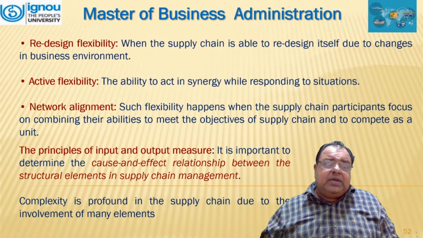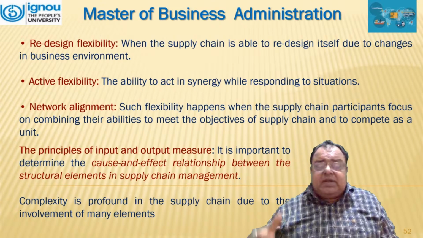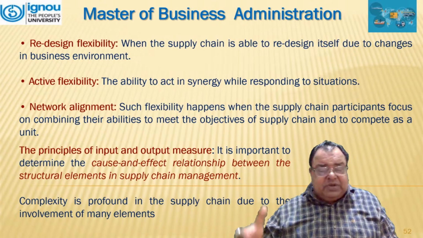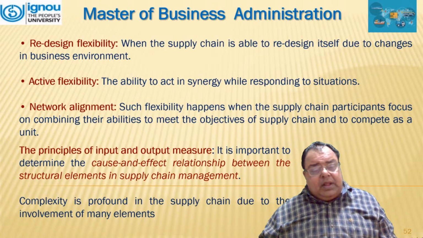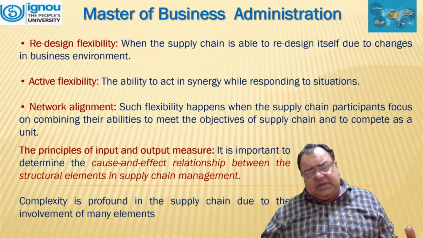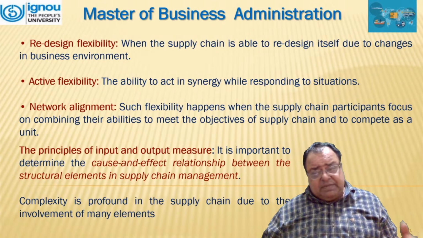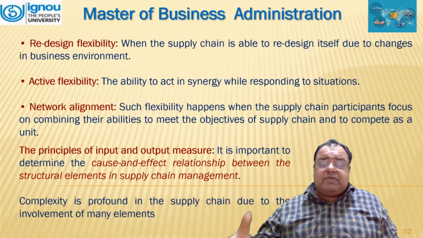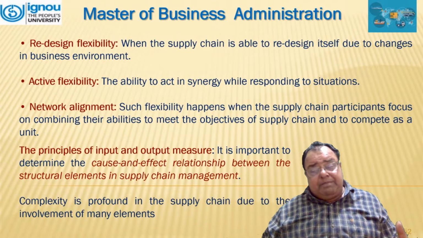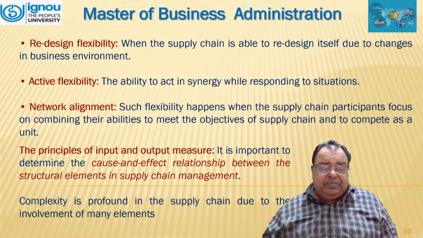Active flexibility is the ability to act in synergy while responding to situations. Network alignment: such flexibility happens when the supply chain participants focus on combining their ability to meet the objectives of the supply chain and to compete as a unit.